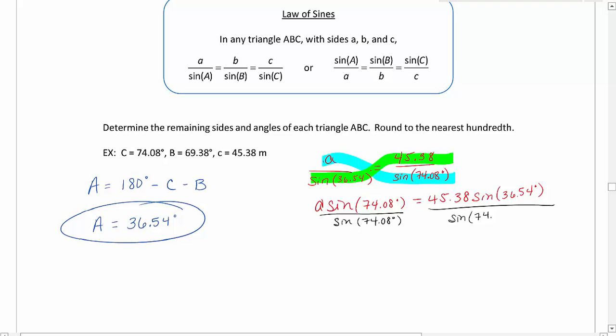We'll plug this whole fraction into our calculator. Make sure that you're in degree mode. And we're rounding to the nearest hundredth. We get our side A to be equal to 28.10, and our unit is meters.